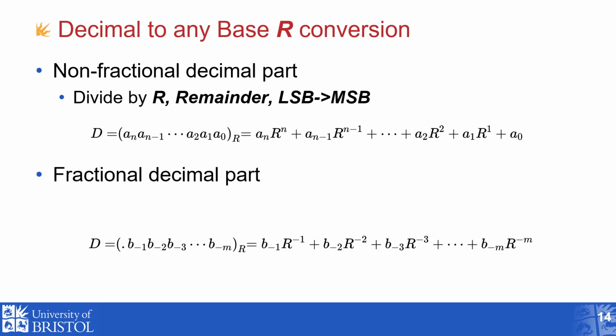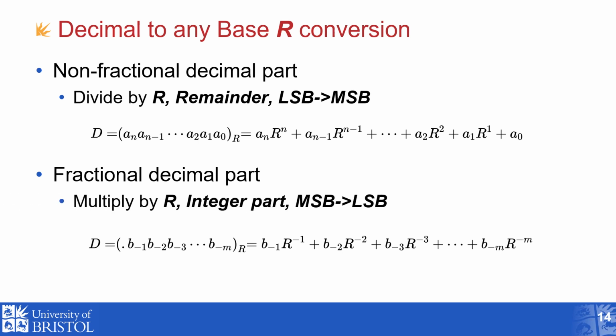When it comes to the fractional decimal part, you multiply by r. This time you keep the integer part, and you're gradually going from the most significant bit to the least significant bit.